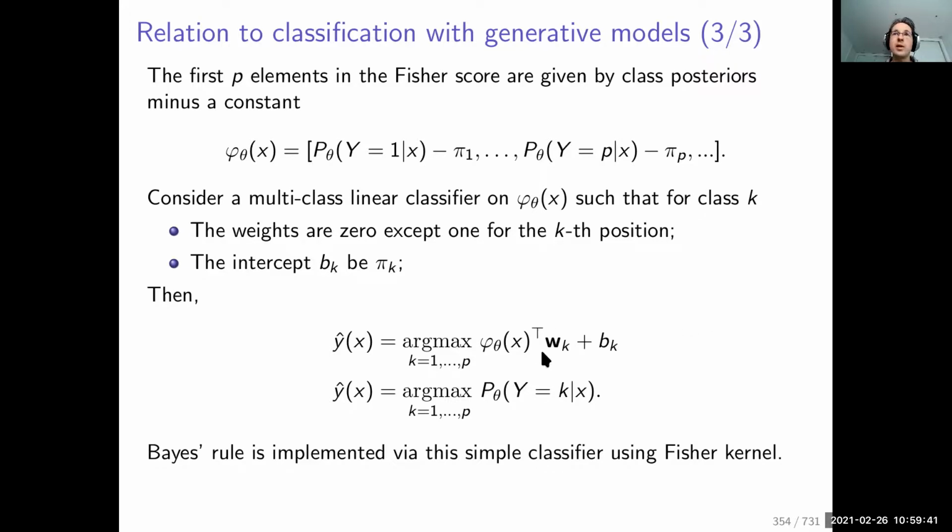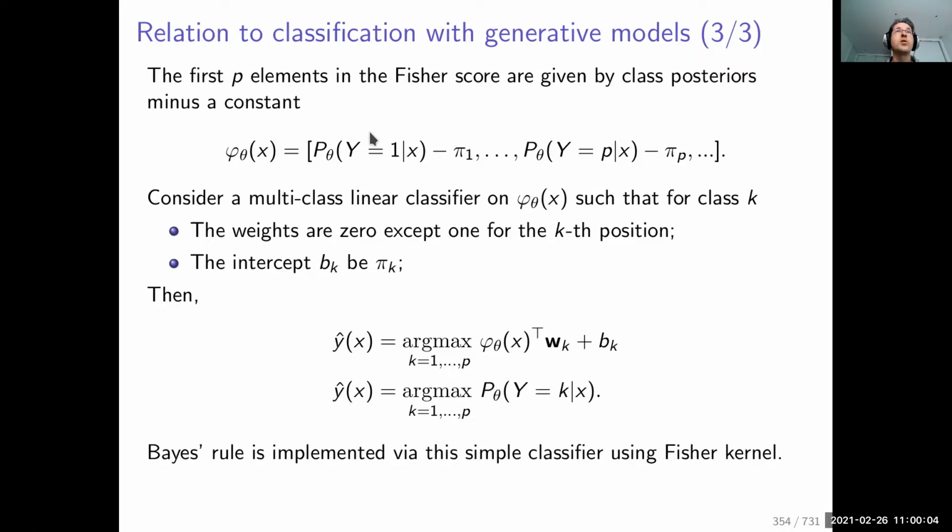It turns out that there exists a vector wk and an intercept bk that gives you exactly the MAP labeling from before, which is simply maximizing the label given x by using Bayes rule, as we did in the previous slides. So how can we do that?